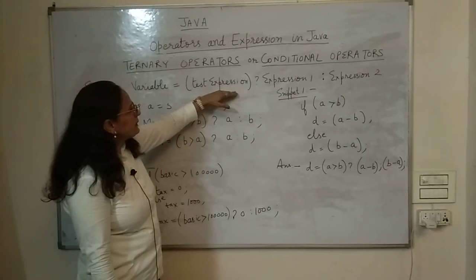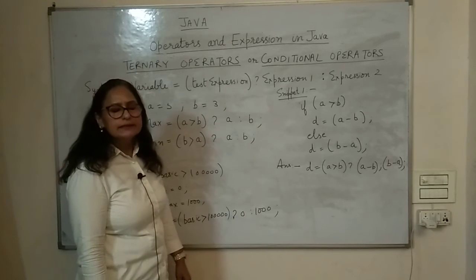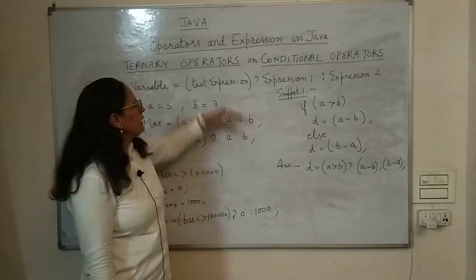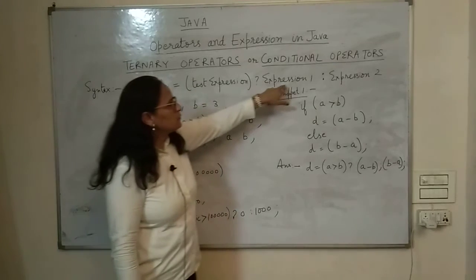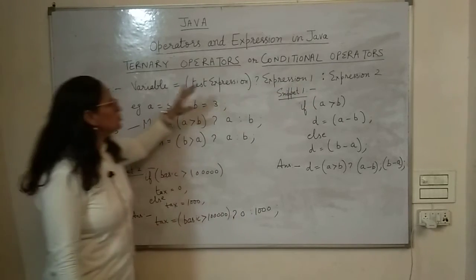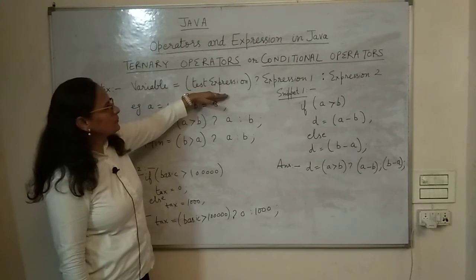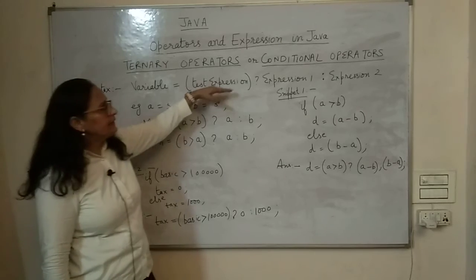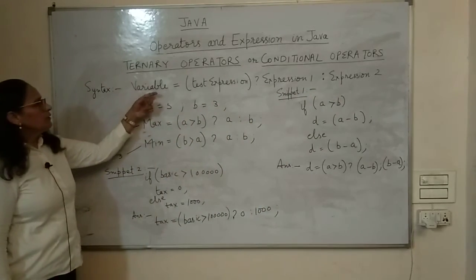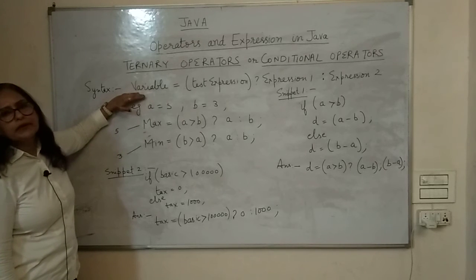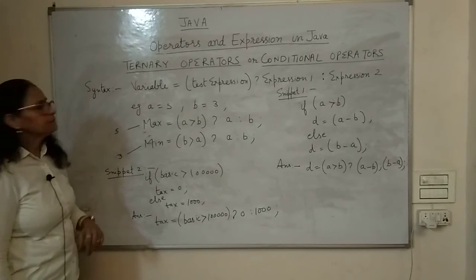The test expression is going to return some value, either true or false. If it is returning true, expression 1 is going to get stored in the variable. If this test expression returns false, then the expression 2 answer is going to go in this variable as the value.